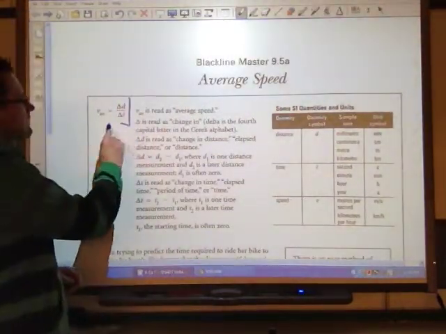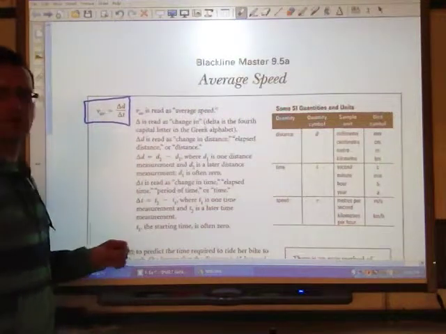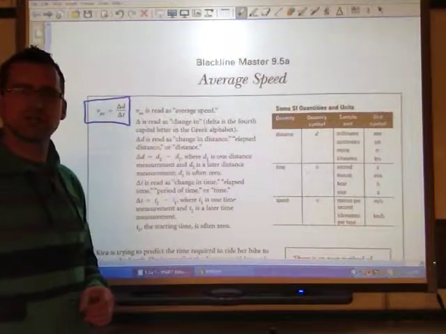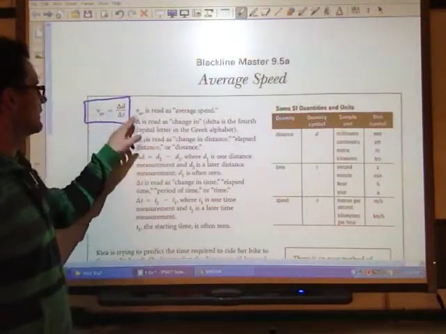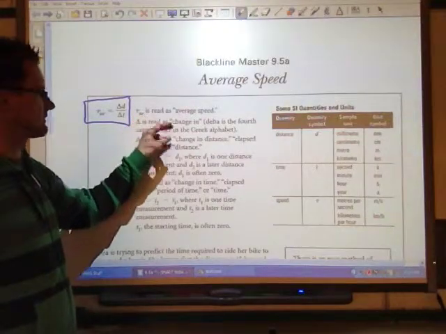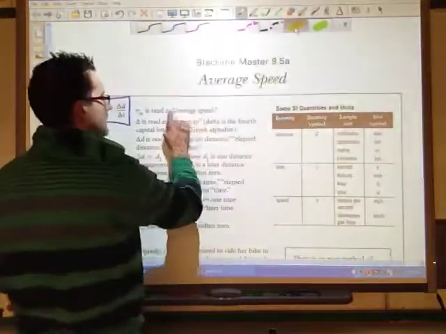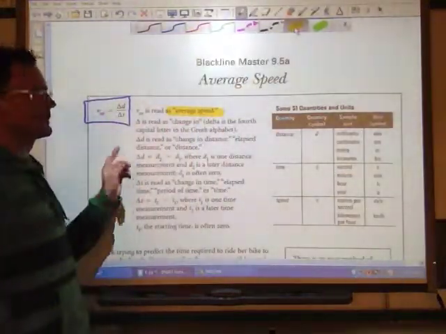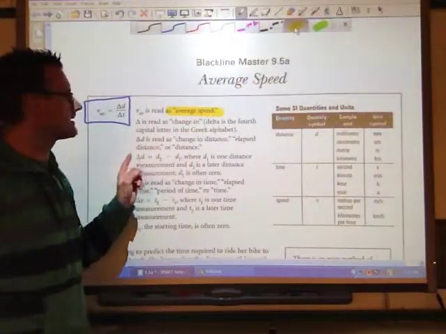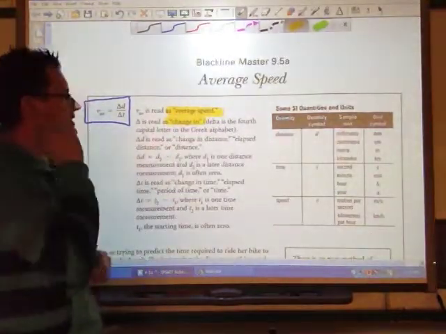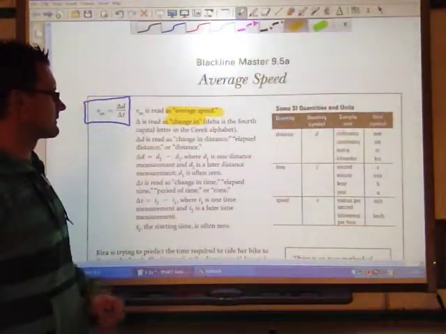If we look here, here is the way we can use the idea of average speed. V with a little subscript AV is referred to as average speed. The triangle that you see here is actually the Greek symbol delta, which means change in. So it's the fourth letter of the Greek alphabet.